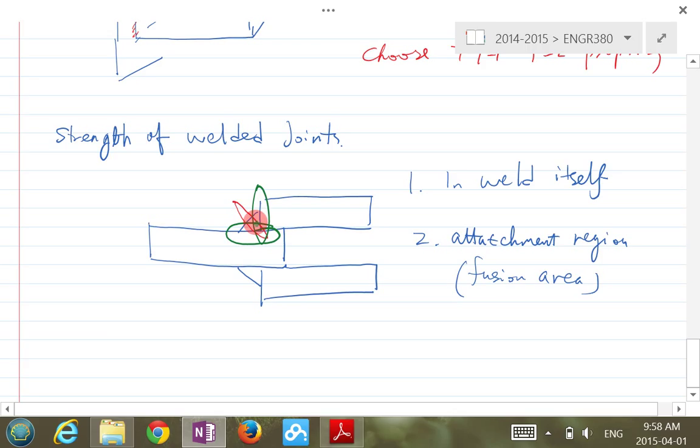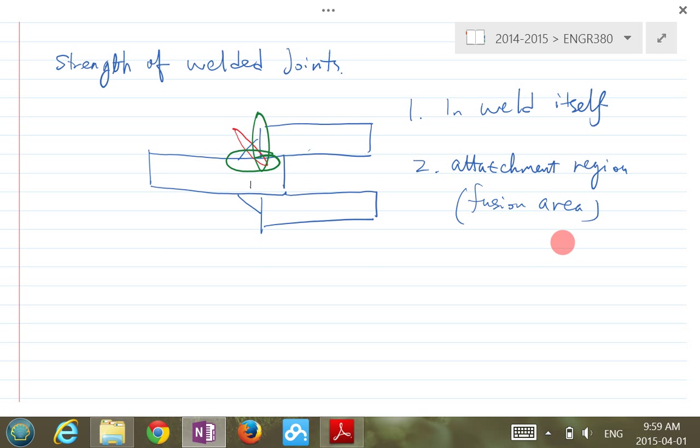That's where the fusion happens between the base metal and the feeder material, the electrode. So basically, the green part here is a mixture of the base metal and the feeder material. So the strength of the welded joints should come from a combination of the base metal and the feeder material. When we talk about the welded joints, it should come from both materials here.